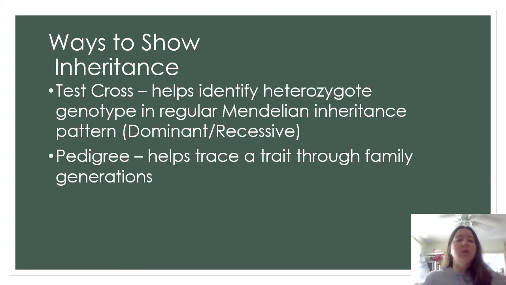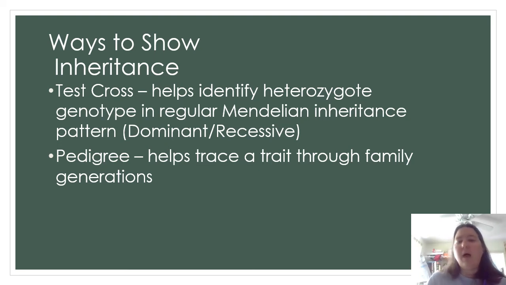So when it comes to inheritance, we can use Punnett squares, like you saw, to show or understand inheritance patterns, but we can also use a test cross or a pedigree. A test cross will help identify genotypes that follow this regular Mendelian inheritance pattern, single gene, dominant, recessive.